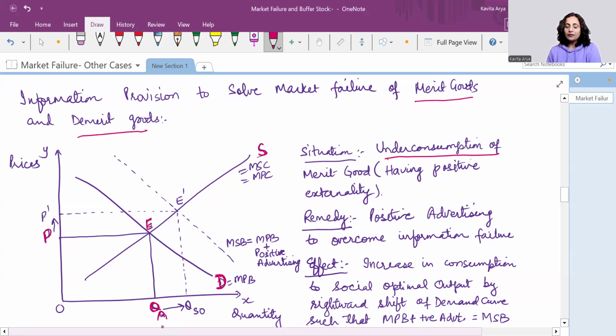But the output which is allocated by the market is lesser than the social optimal level of output, because these things do carry a positive impact for the whole nation, right? So the private benefit is this lower, but it has a social benefit which is lying above the private benefit.